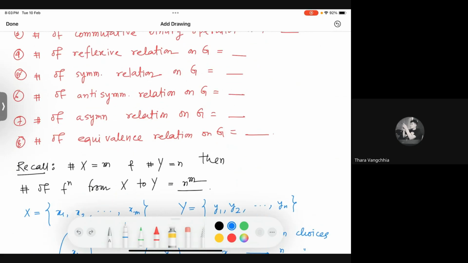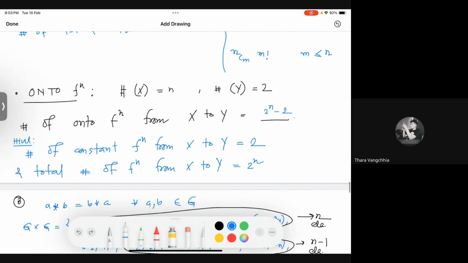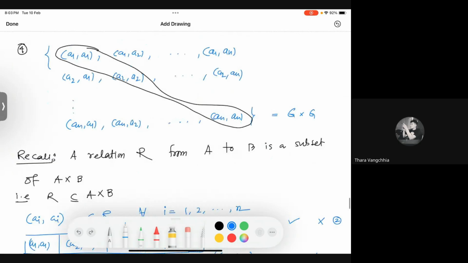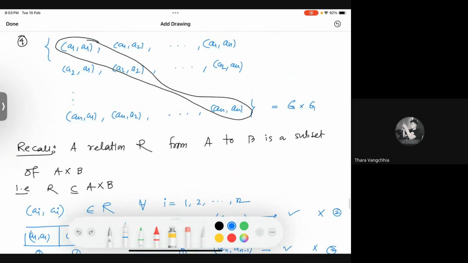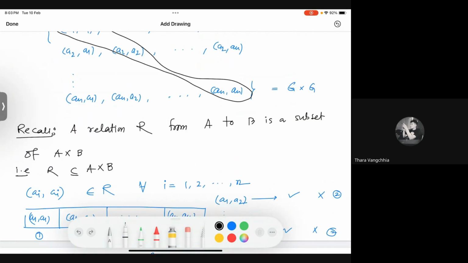Now see, the number of reflexive relations on G. What is a relation?